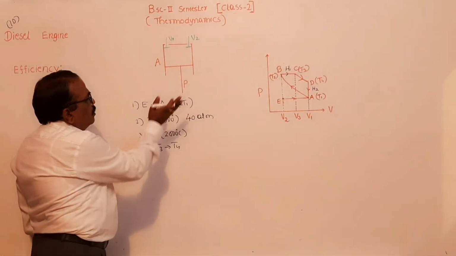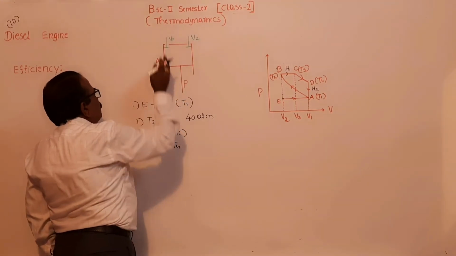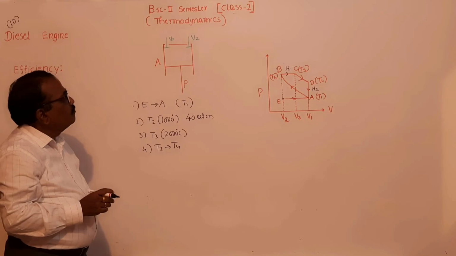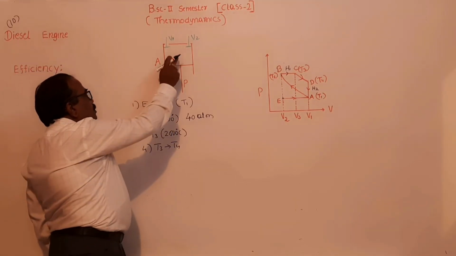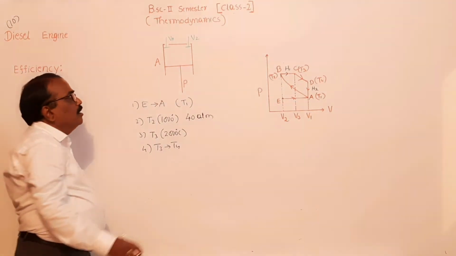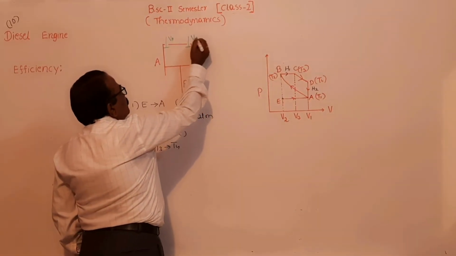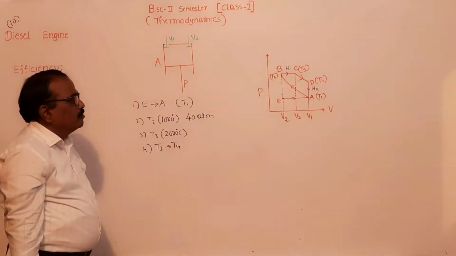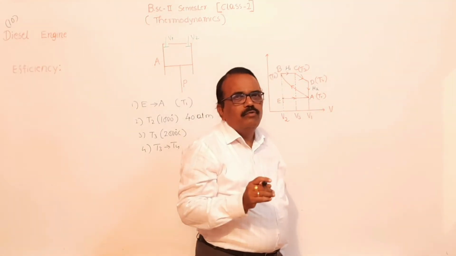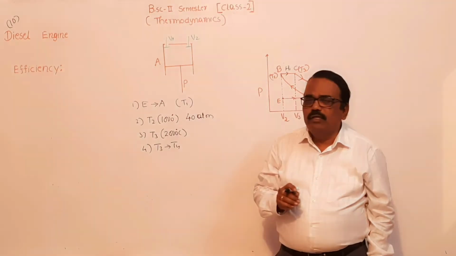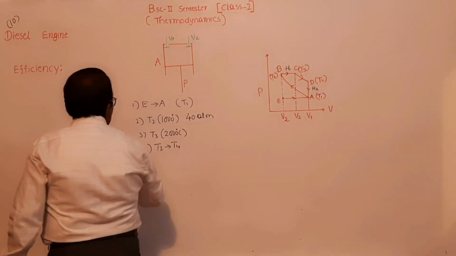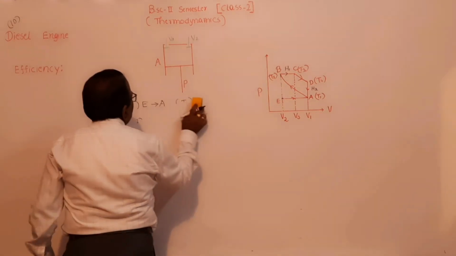Then once again, when the piston moves backward, the unburnt oil and air escape through the valve. These are the strokes the diesel engine follows, and we have to derive an expression for the efficiency of this diesel engine.